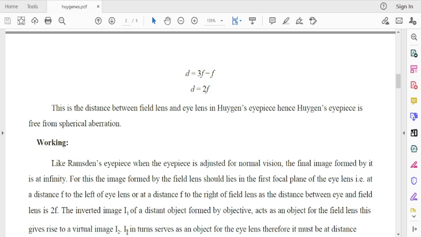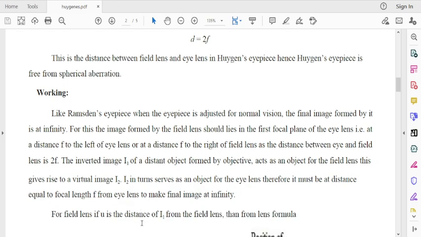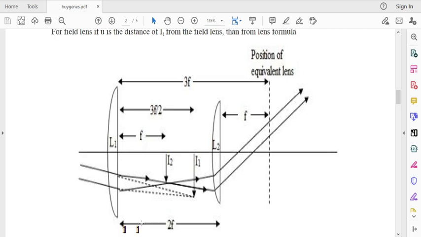Therefore, if we keep in mind these things, then in the diagram you can see that L1 is the first lens, L2 is another lens, L2 is nothing but the eye lens, and L1 is the field lens, and the distance between the position of the equivalent focal length, that is the equivalent focal length F, and the distance between these two lenses is 2F.